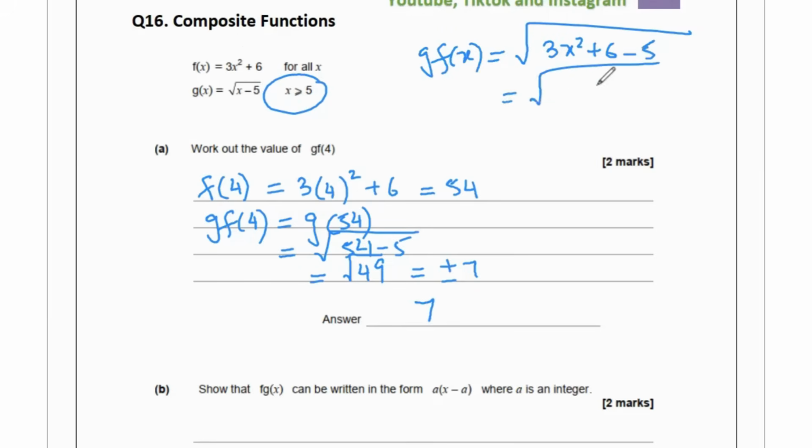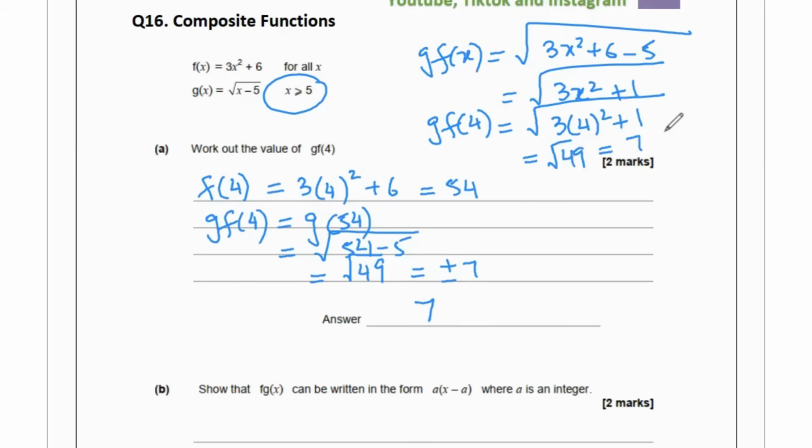So that becomes root of 3x squared plus 1. And then if x is 4, you just replace x with 4. And that gives you your answer, which is root of 49, and that's 7 as well. So you can solve it either way, whichever way you understand better, whichever method is less time consuming for you.